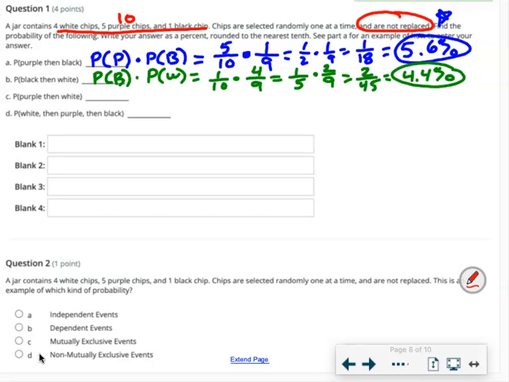Purple and then white. So we want purple first and then white second. Out of 10, the amount that are purple is still 5. And then again, we have to make the second fraction out of 9.